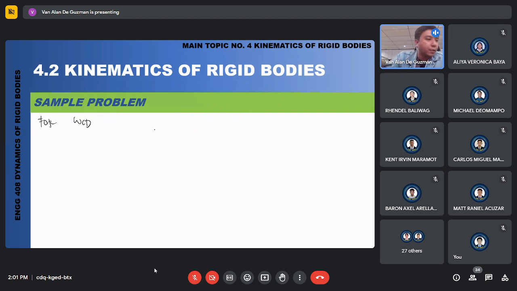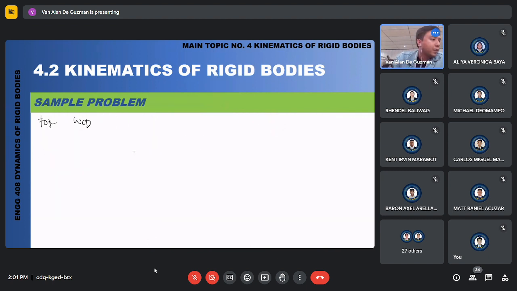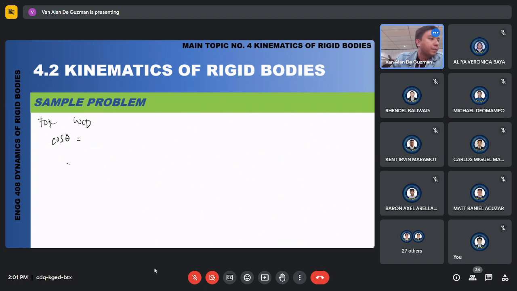So, ganoon naman. This is the hypotenuse and the adjacent side. So, cosine naman tayo? Cosine theta is equal to opposite side pala yun. So, sine pala dapat.